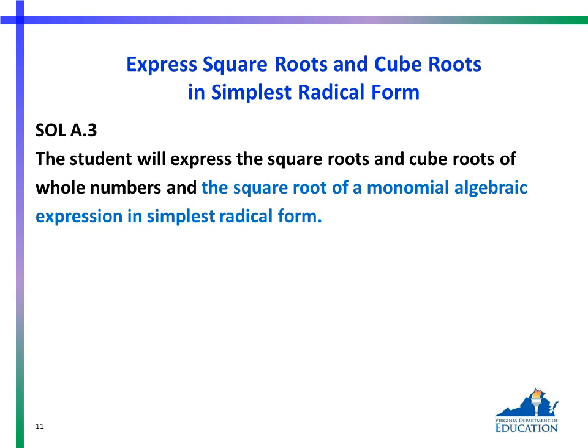Students did much better on those concepts during the Spring 2013 test administration. Students are also doing very well at calculating and simplifying the square root of a whole number. However, performance on simplifying the square root of a monomial algebraic expression in simplest radical form was inconsistent.